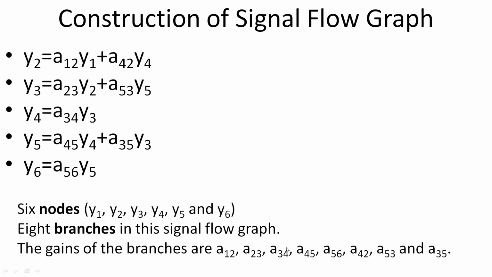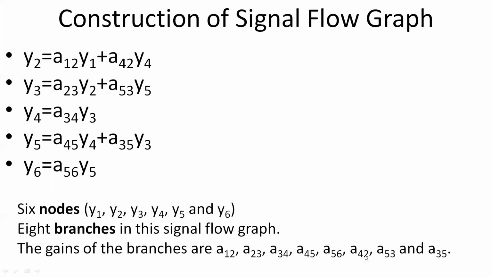Similarly, A23 is the gain of the branch from Y2 to Y3. A34 has the direction from 3 to 4. A45 has the direction from 4 to 5, and A56 is the gain of the branch with direction from 5 to 6.